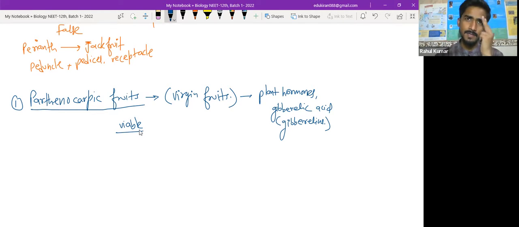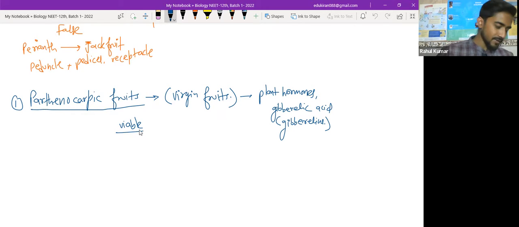Sometimes when fruits are developed through parthenocarpy, there are structures that look like or are rudimentary seeds, but they are not viable. How many of you have seen a fig? Anjeer, I think we call it, right?